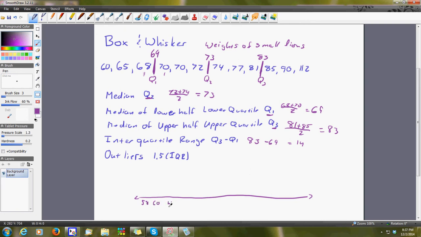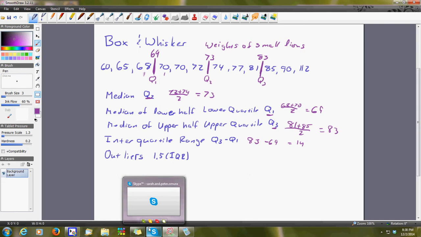Oh goodness me, this is going to be disastrous. 69, 73, 83. All right, so 58, 7. Oh my goodness, I'm going to have to get rid of this whole number line. And this is part of the problem with doing it on here, because I kind of am fanatical about this. It really does need to be done with a straight edge. I'm going to do the best I can with this right here.